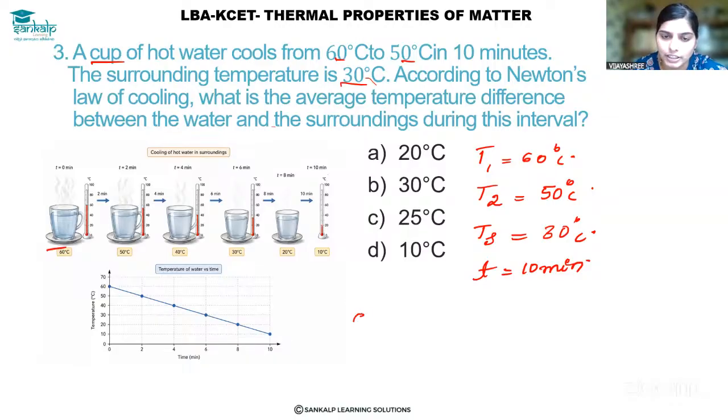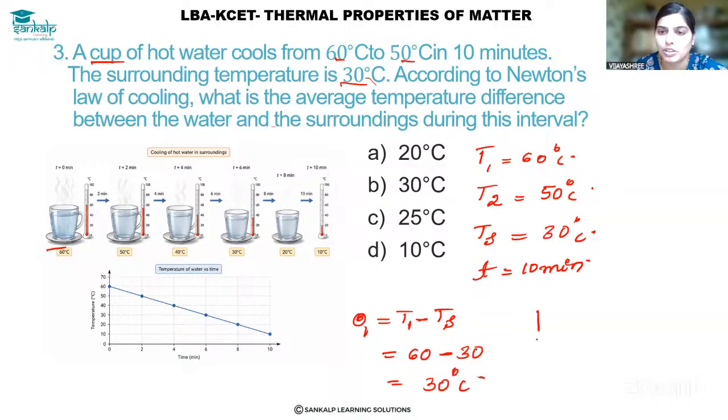I write it as theta 1, which is equal to T1 minus Ts, which is equal to 60 degrees Celsius minus 30 degrees Celsius, which is equal to 30 degrees Celsius. Similarly, the temperature difference at the end: we have to take the temperature difference between 50 degrees Celsius and 30 degrees Celsius.